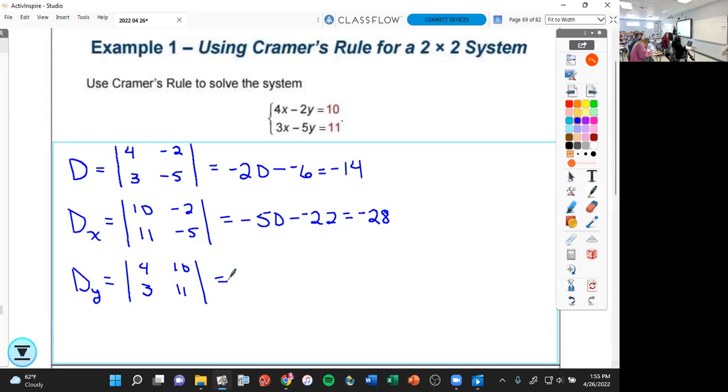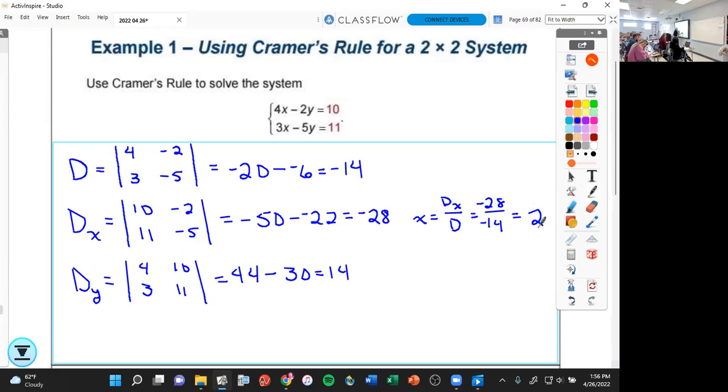Down diagonal, 44 minus 30, 14. So x is Dx over D, which is negative 28 over negative 14, 2. And y is Dy over D, which is 14 over negative 14, which is negative 1.